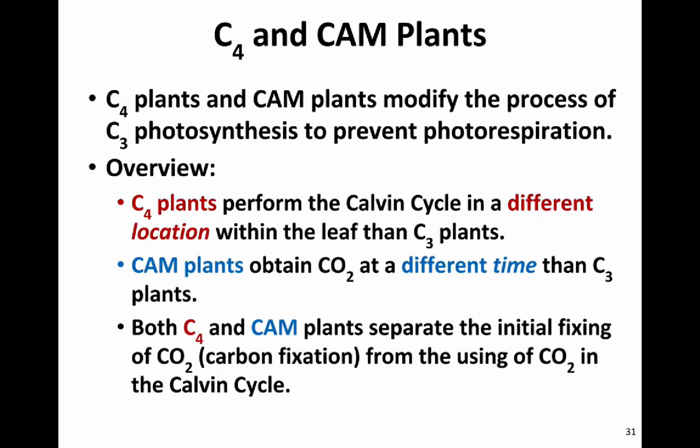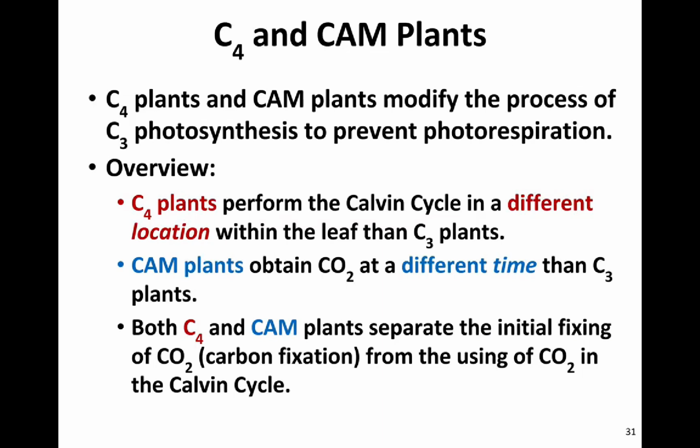And so the biggest difference between C4 and CAM plants compared to C3 plants is that they separate the initial fixation of carbon dioxide from the using of carbon dioxide in the Calvin cycle. And the way that they do that is by using an enzyme that's different than Rubisco. They use this enzyme that's called PEP carboxylase, and they're able to fix CO2 in spite of a relatively high concentration of oxygen.